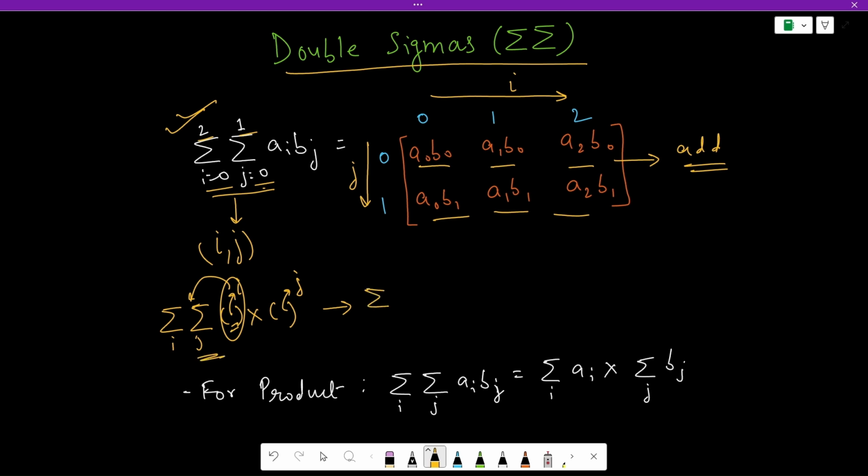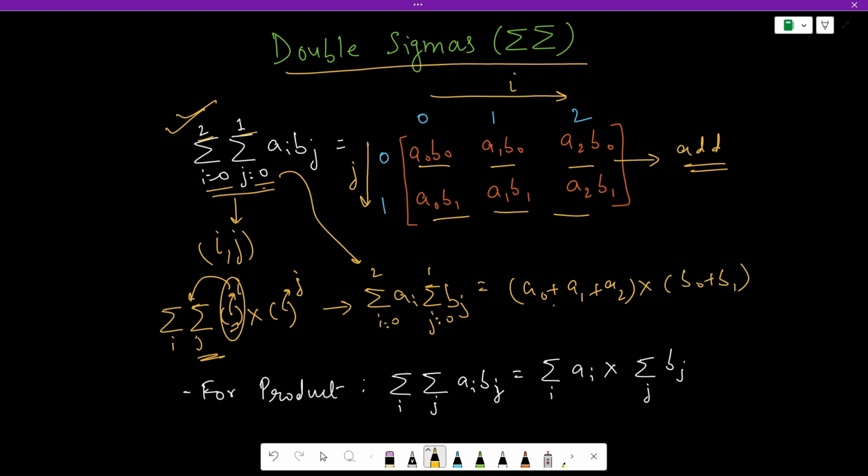It can be written as summation ai times summation bj. So this will be i equal to 0 to 2 and j equal to 0 to 1, and we can now open it easily. So this will be a0 plus a1 plus a2 into b0 plus b1, and if we multiply and open this complete product, we will get all these 6 terms.